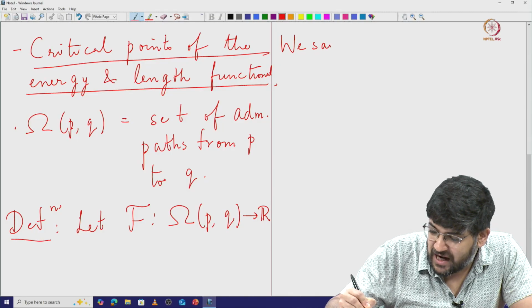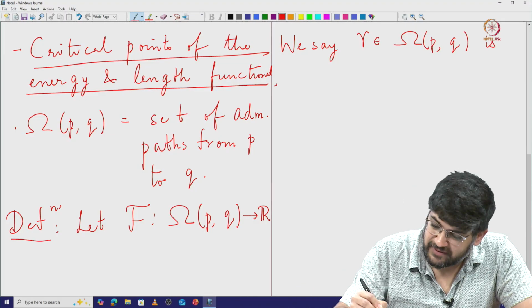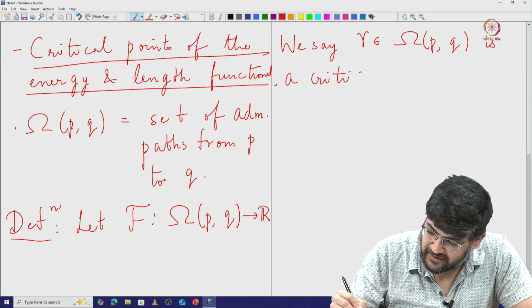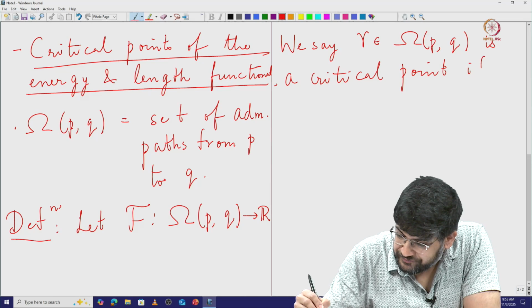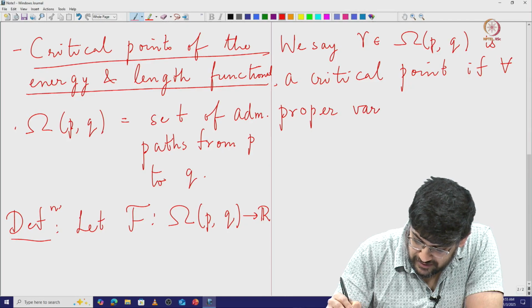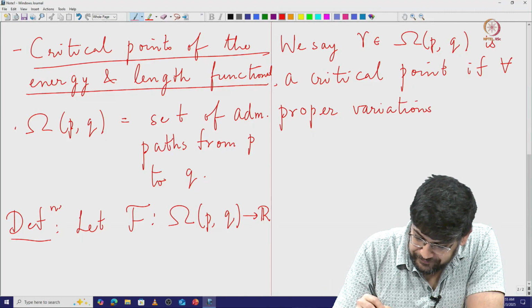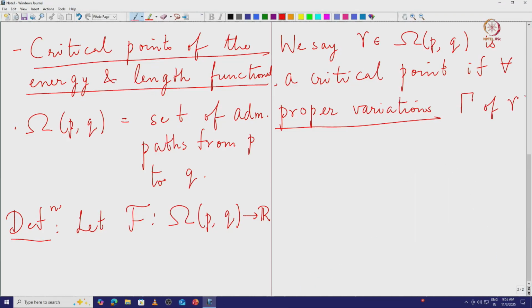Then we say that gamma is a critical point if for all proper variations Gamma of gamma, if you compute d/ds at s equals 0 of F applied to gamma_s, then that is 0.